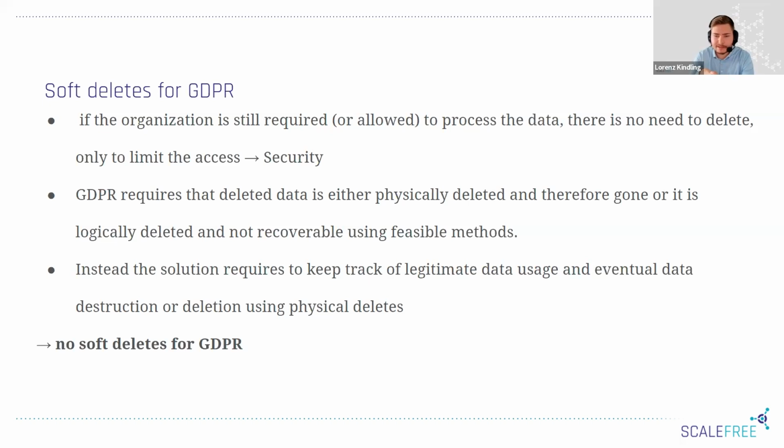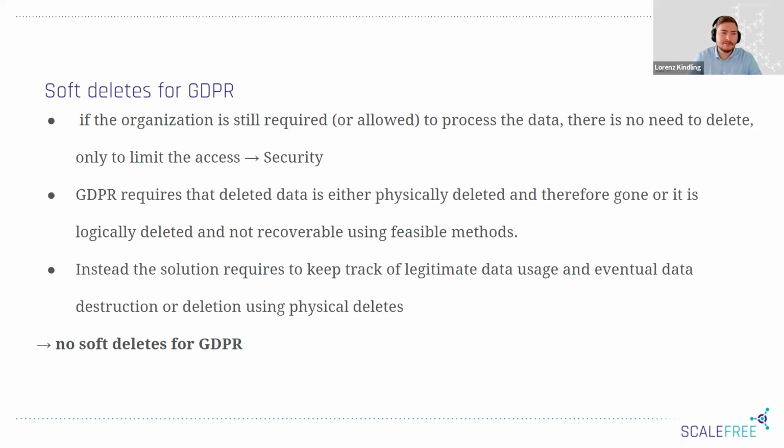Instead, what we do in Data Vault is we keep track of data that we are right now allowed to use, and which is personal data. This is why we also do, as probably most of you know, the satellite splits into personal and non-personal satellites. So we write the describing attributes into one satellite which only holds personal attributes, and one satellite which does not hold any personal attributes.